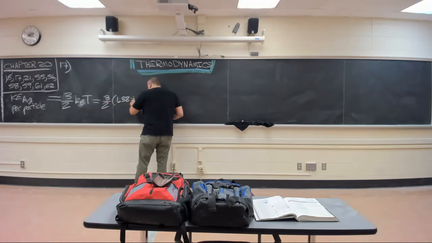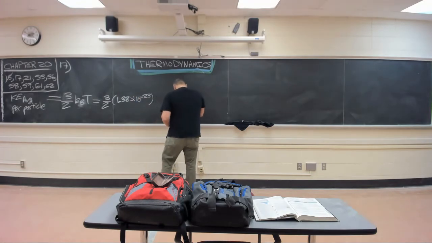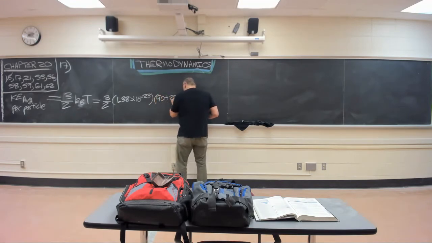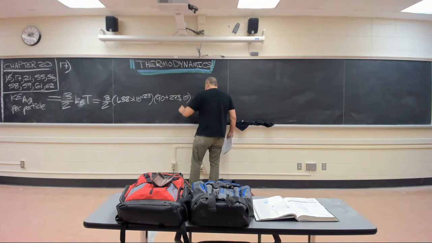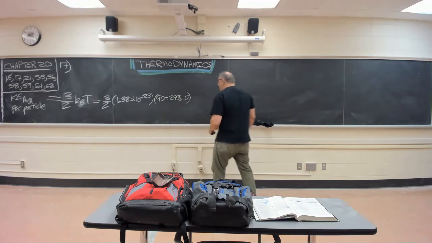1.38 times 10 to the negative 23, times 90 degrees Celsius plus 273 kelvin. 90 plus 273.15. 273 oftentimes gets used.